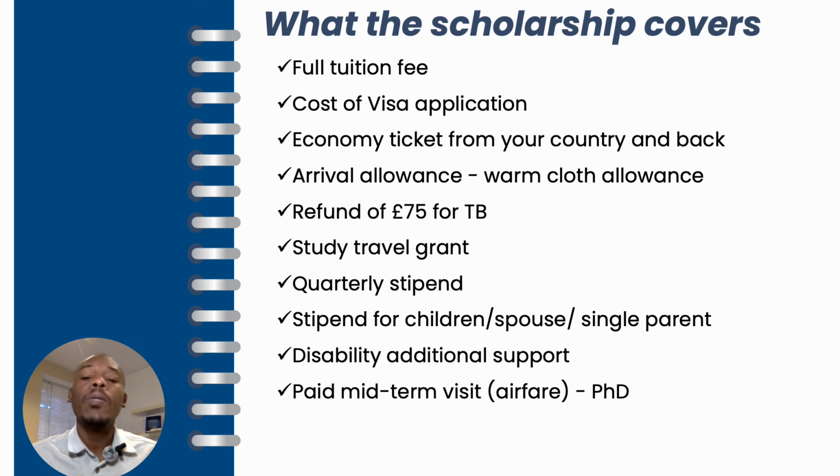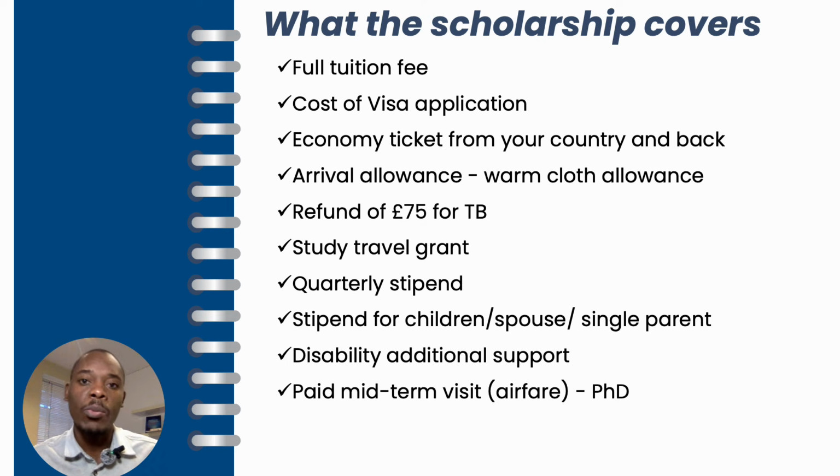For PhD, if you do not come with your family to the UK, in the middle of your study between month 15 and month 29, you can travel back home, and the Commonwealth Scholarship Commission is going to pay for an air ticket for you to visit your home country, which is called the midterm visit.